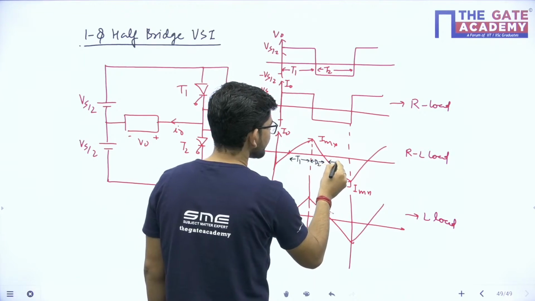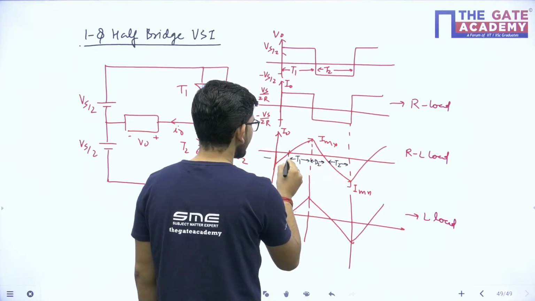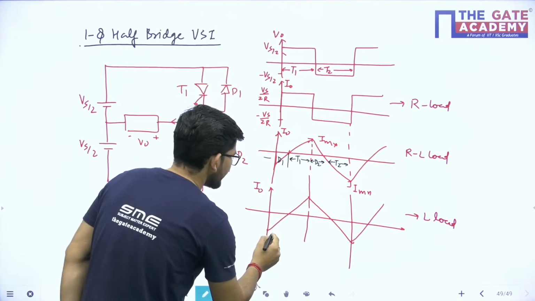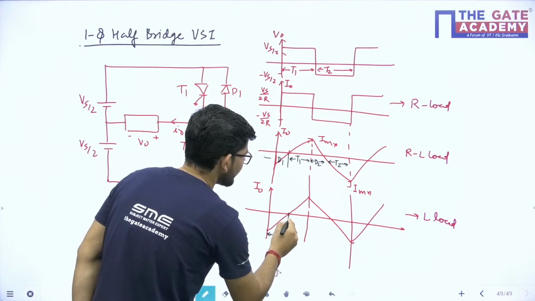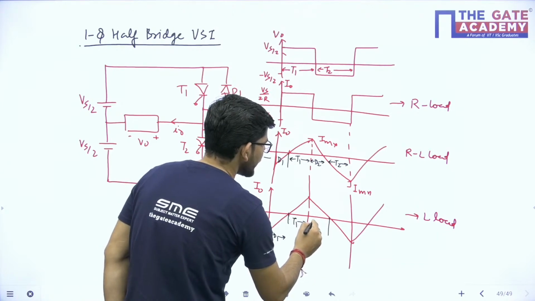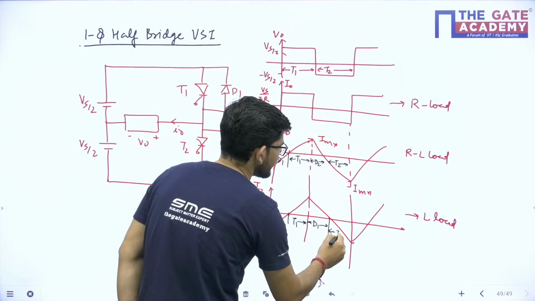After that, this is when T2 will be conducting and this is the duration where D1 will be conducting. Okay. Similarly, here we will have D1 conducting and here T1 conducting. Here we will have D2 conducting and also here T2 conducting.